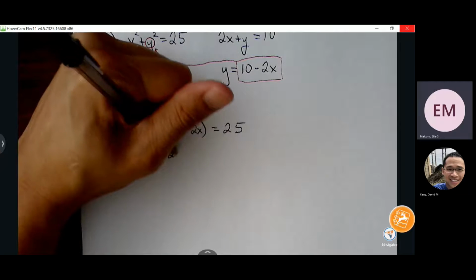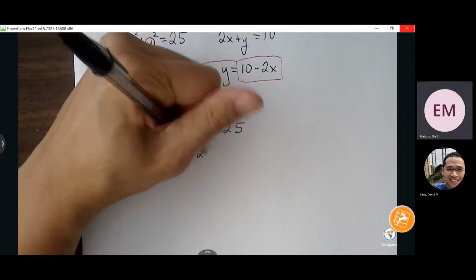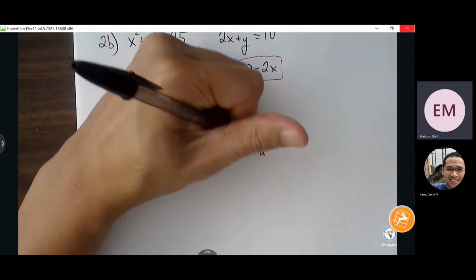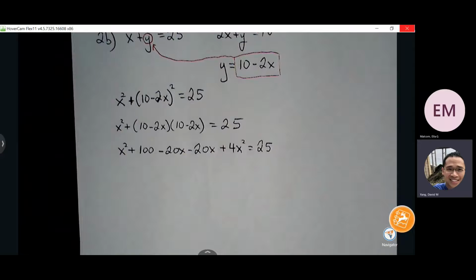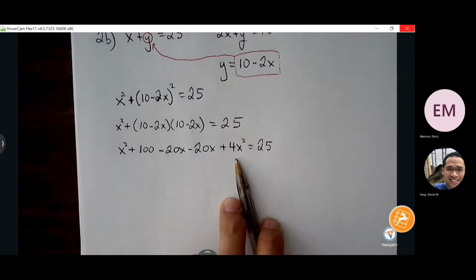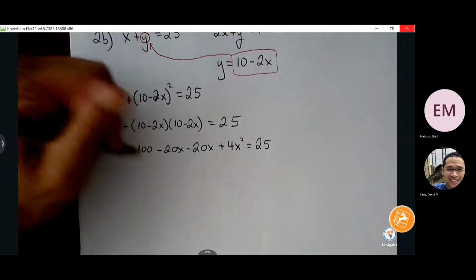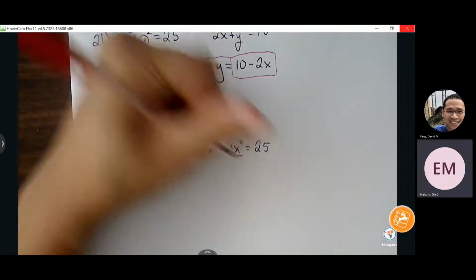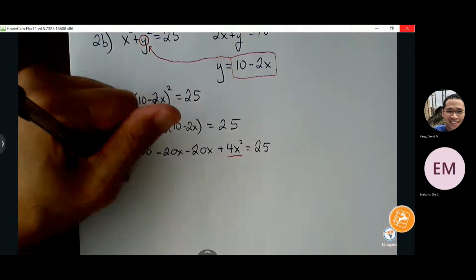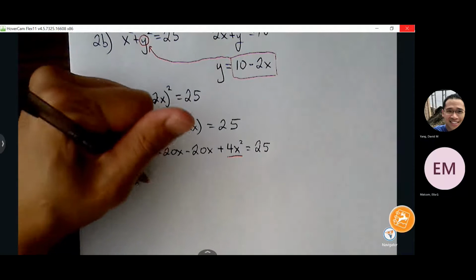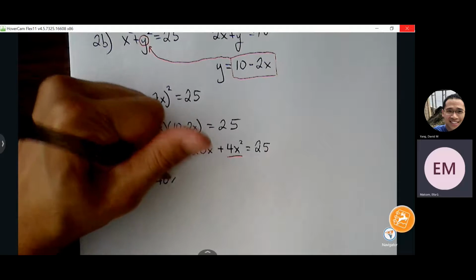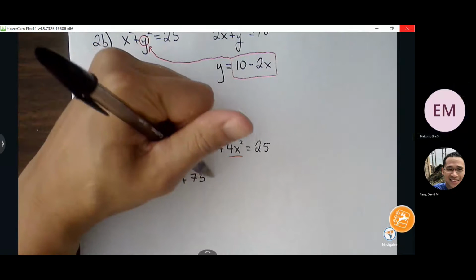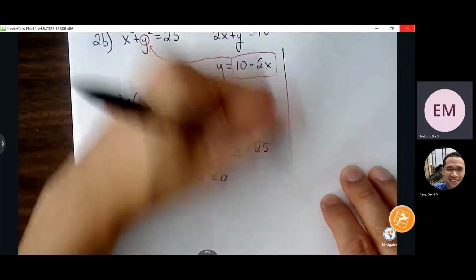Okay, so that's going to be 100 minus 40x plus 4x squared. Yeah, sorry, 4x squared. All right, combine my terms. So 100 minus 25, minus 40x plus 4x squared plus x squared.